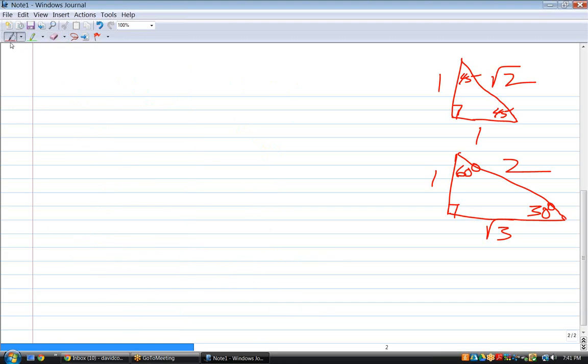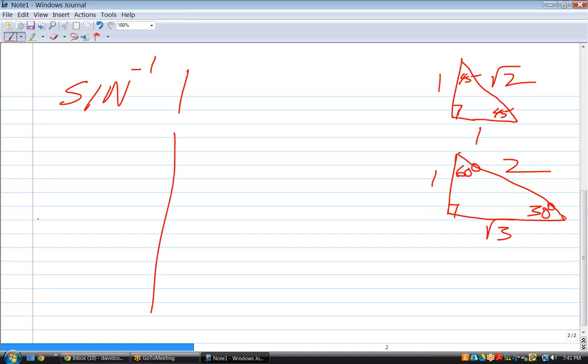What else? Well, next one is the inverse sine of 1. Okay. It's difficult to get that from those two triangles because these two triangles only deal with 30 degree, 60 degree, and 45 degree.